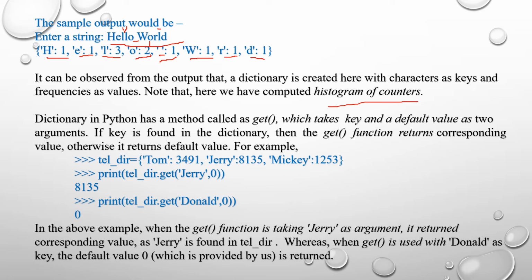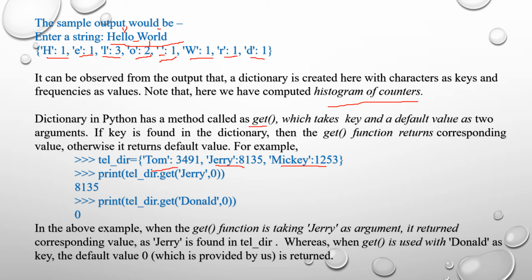A dictionary in Python has a method called the get function, which takes a key and a default value as two arguments. If the key is found in the dictionary, then the get function returns the corresponding value. Otherwise it returns the default value. For example, tel_dir is a dictionary with items Tom, Jerry and Mickey and their respective value pairs.